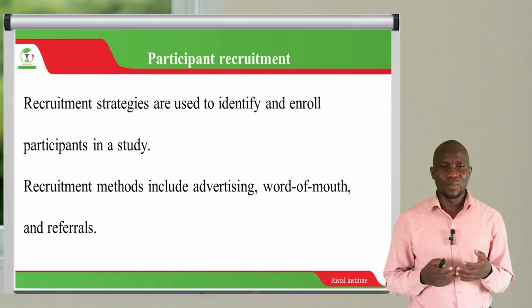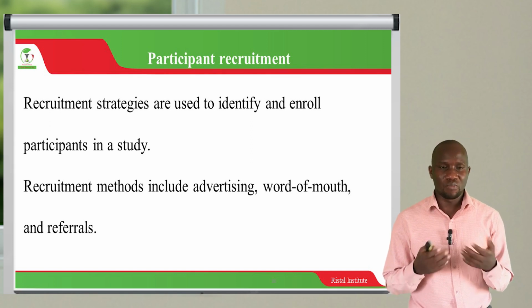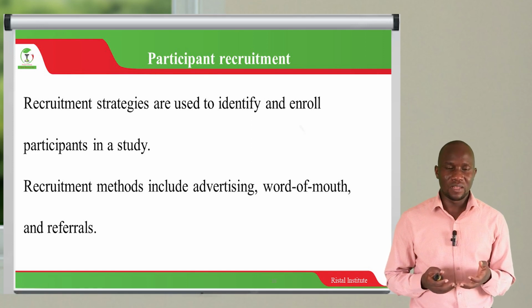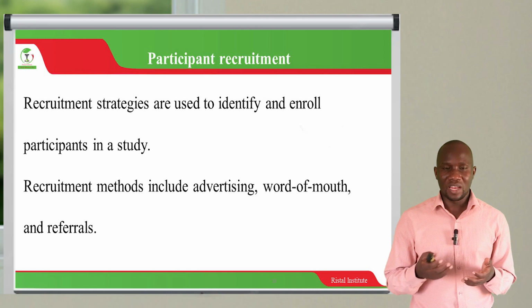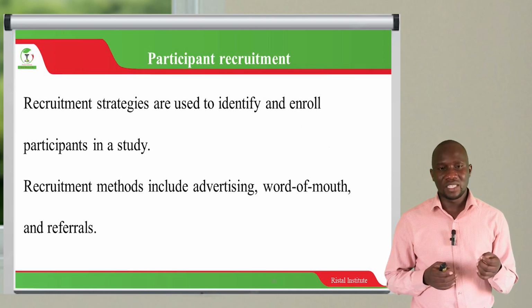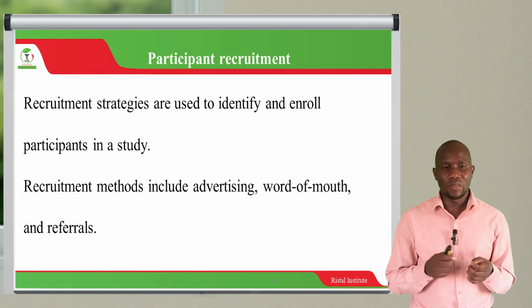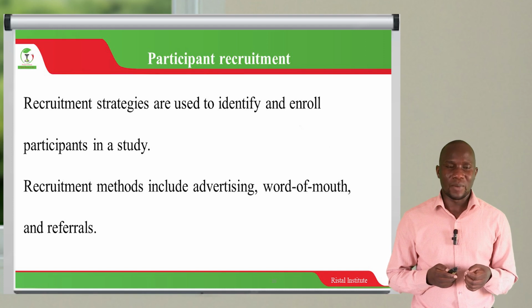So you can do some advertising and recruit people using different channels of communication. Or people can hear through word of mouth, or one who has participated in the study can also refer others to become a research participant.